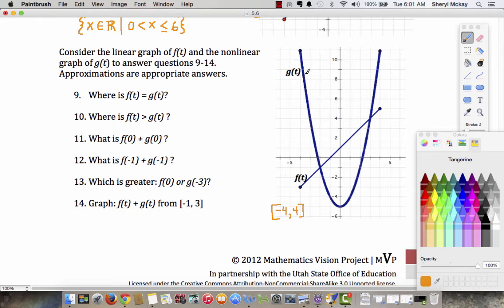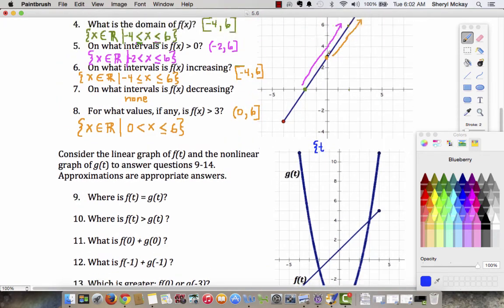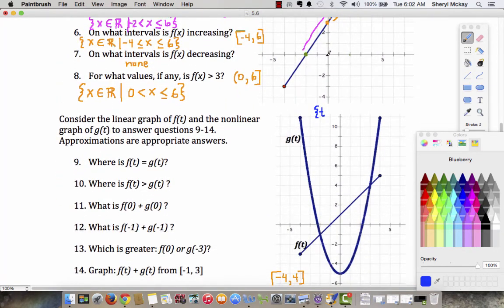Let's do g of t in set builder notation, shall we? So we'll do that one in a different color. We're going to say all t, because t is our independent variable. This is t right here, and we're measuring the t's.